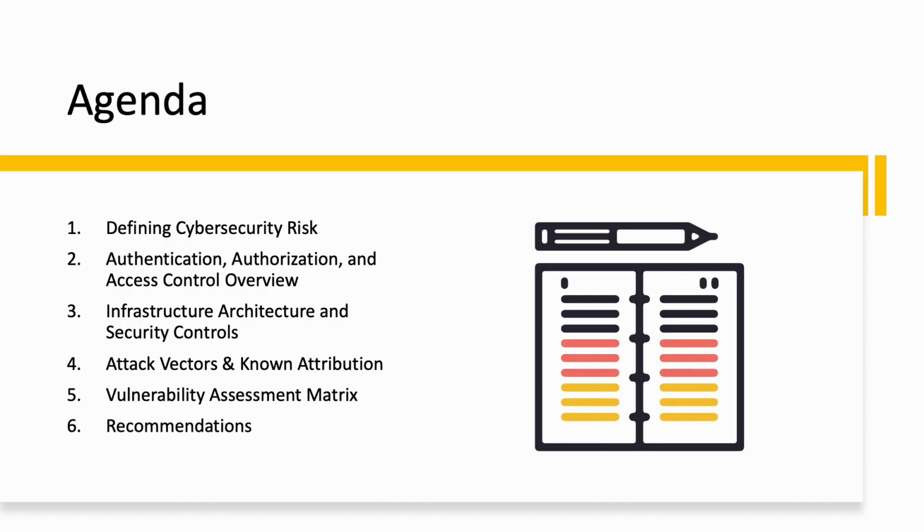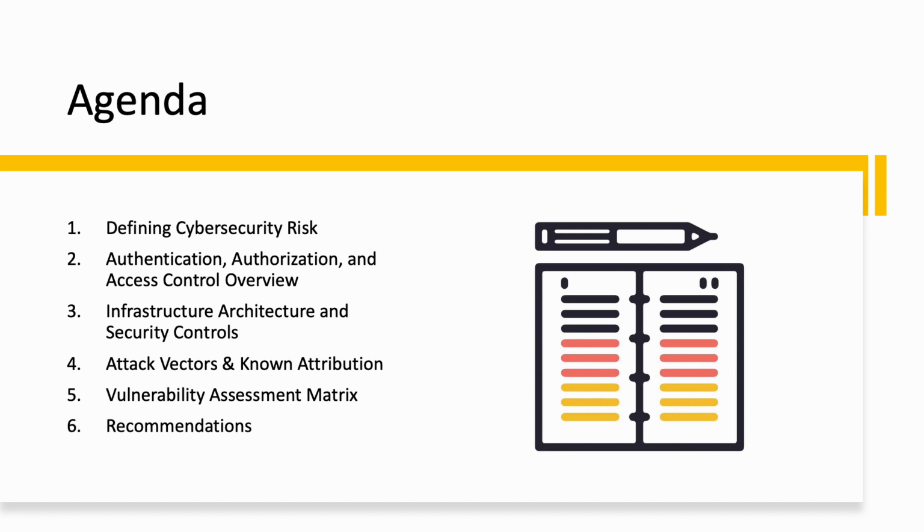For the agenda that we have, the first step is that we're going to define cybersecurity risk. The second thing is that we're going to talk about authentication, authorization, and access control and give an overview of all three of those processes. The third thing is that we're going to take a deep dive into the infrastructure architecture that we have set up and configured for the Global Economic Summit and the security controls that we have in place.